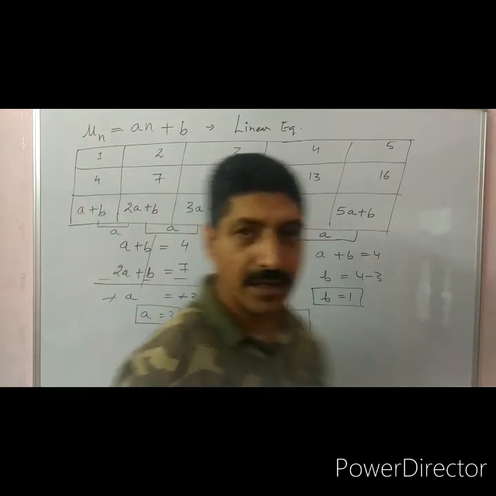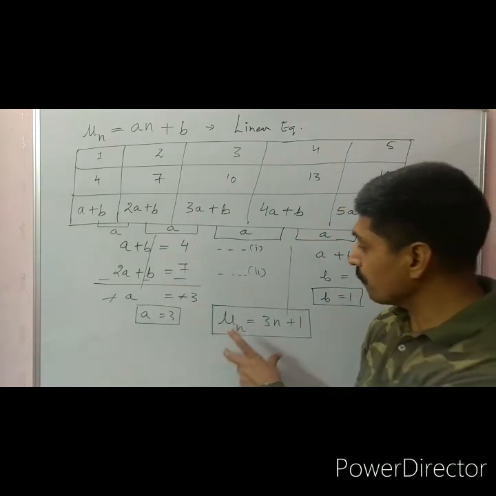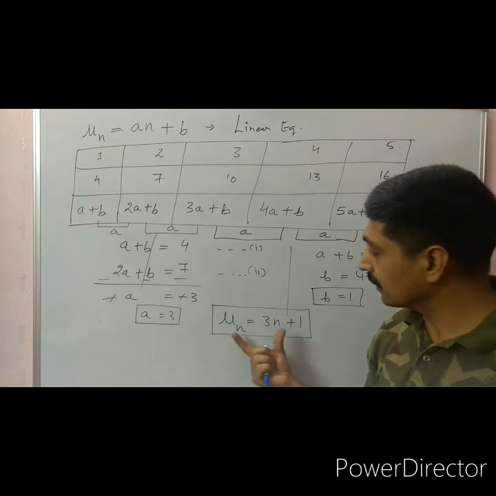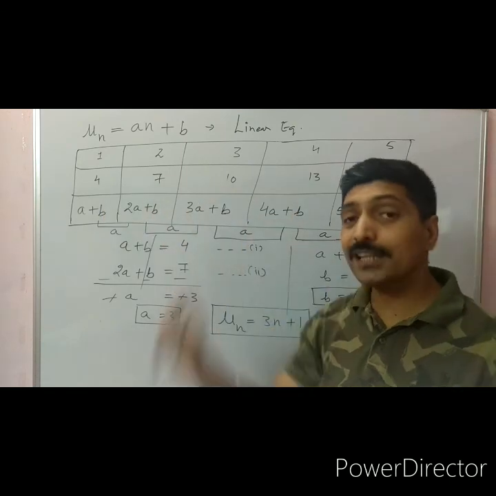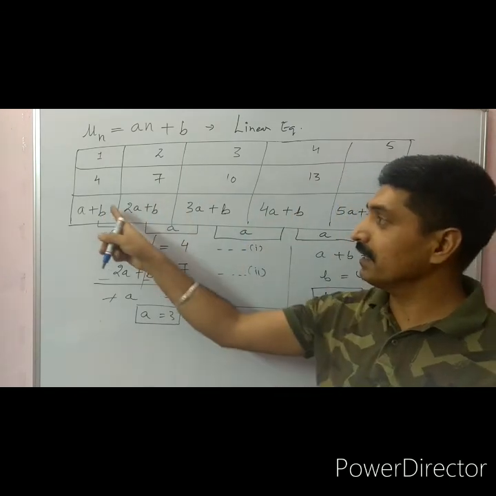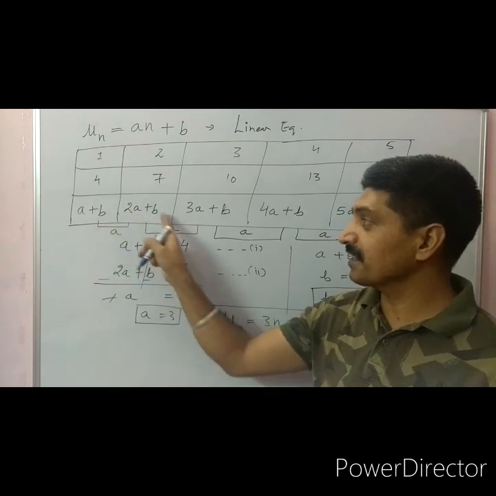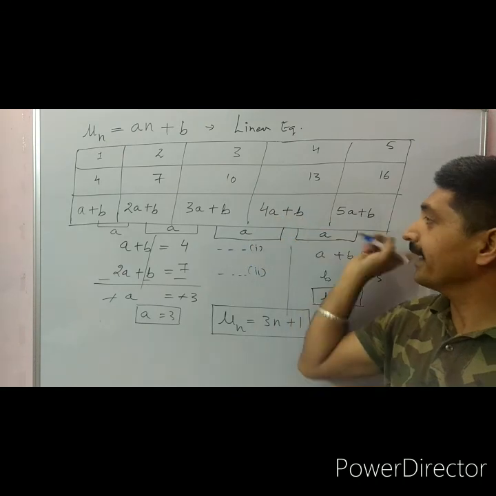My dear students, I hope you understood how to find the nth term of a given sequence if the sequence is an arithmetic sequence. So here we take a plus b for the first term, 2a plus b for the second term, 3a plus b for the third term, 4a plus b for the fourth term, and so on.